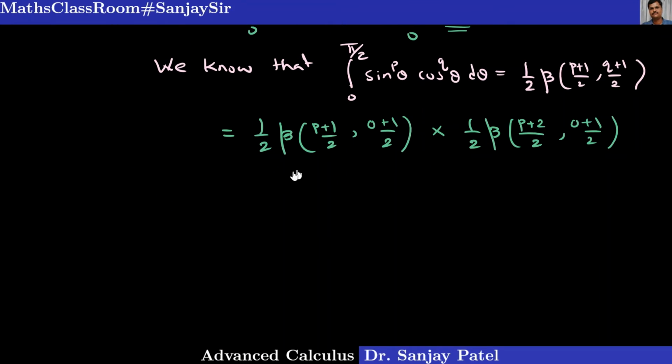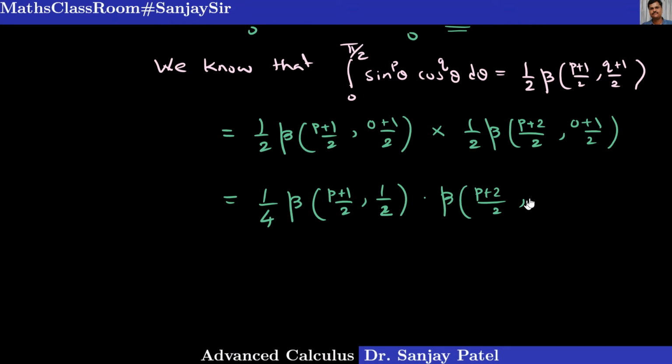Let us simplify this. This is equal to 1 by 2 times beta of p plus 1 by 2. Let me write here, this is 1 by 4, because 1 by 2 into 1 by 2 is 1 by 4, gamma 1 by 2 into beta of p plus 2 by 2 comma 1 by 2.